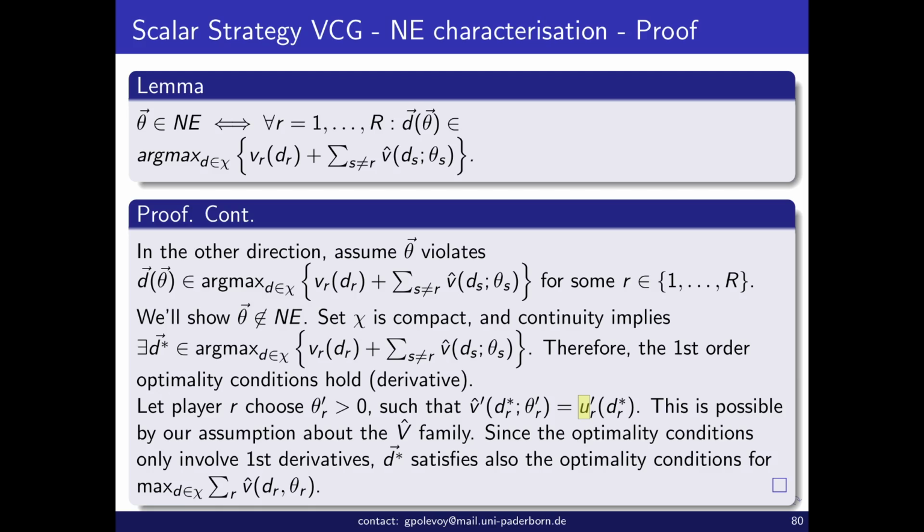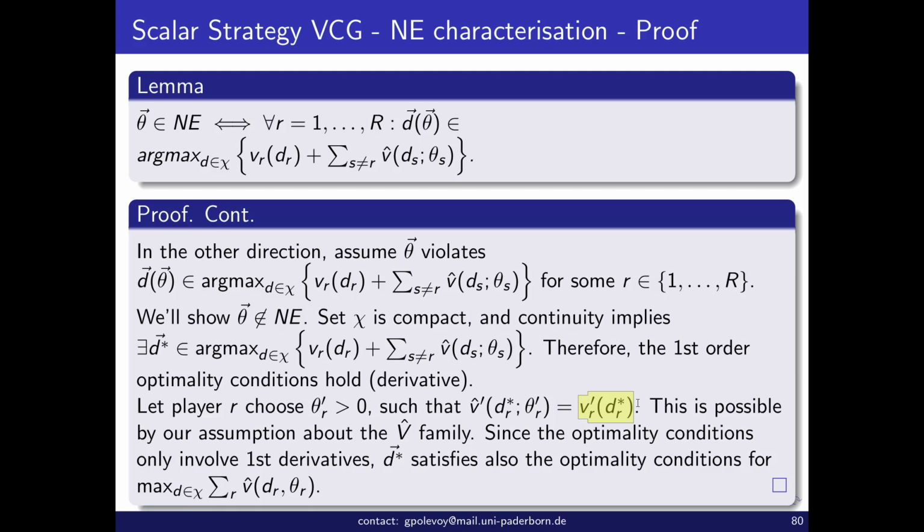So I remind you that we demanded, okay, I need to fix that, it's not u, it's v. I remind you that we required that the derivative at any point can achieve anything if you choose the right theta. We choose the theta such that the derivative of this v hat at D star R, theta will be exactly what the actual utility function's derivative is.